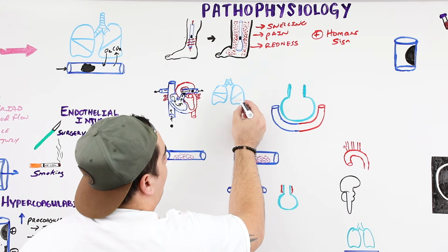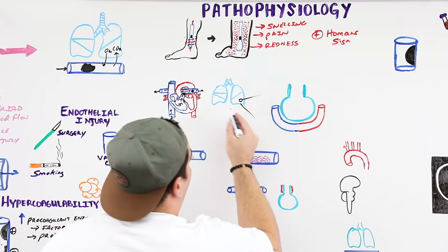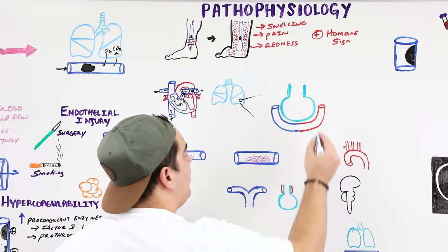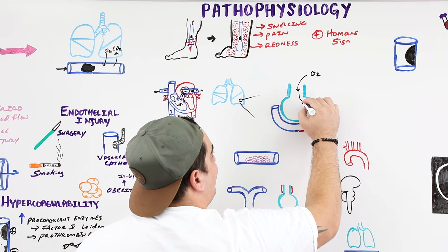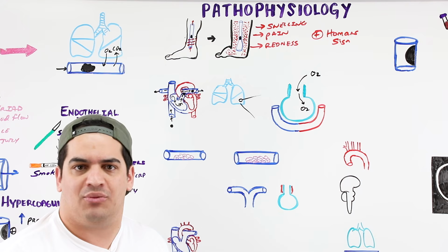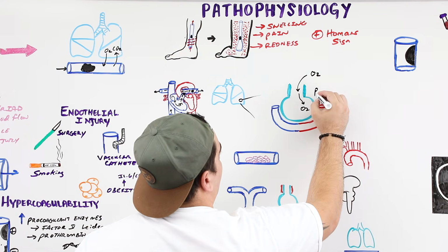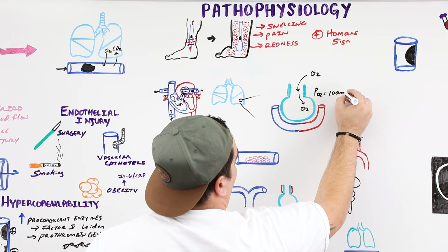Let's say that here we have an alveolus that we're going to zoom in on and look at. If we look at where there's a pulmonary capillary and alveolar interface, this is what we get. And generally what happens is whenever you take a breath in, you're bringing oxygen into the alveoli, right? And that gives you a particular partial pressure of oxygen within the alveoli. If you guys remember, generally the partial pressure of oxygen is somewhere around 100, 104 millimeters of mercury, right?